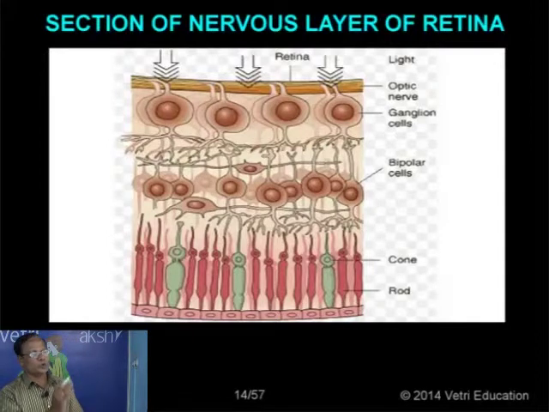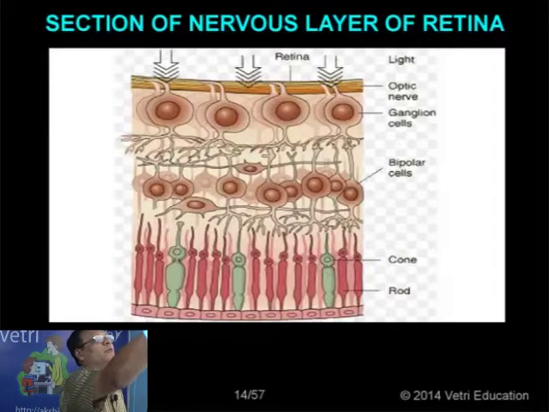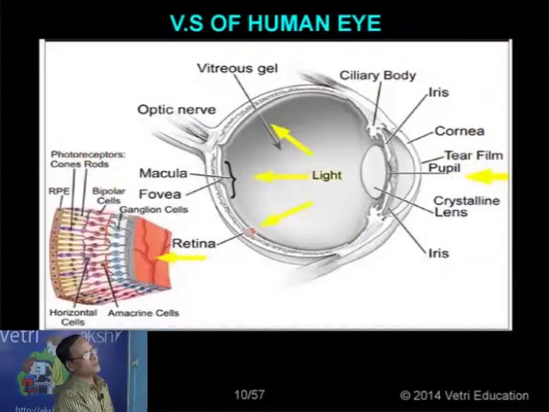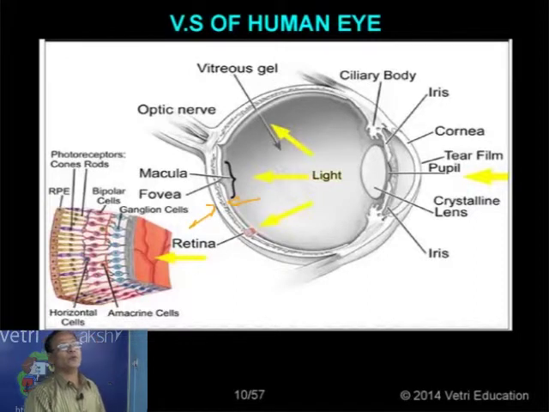From inside to outside: this is the inside part and this is the outside part. This nervous layer, the sensory retina, is formed of three parts from inside to outside.